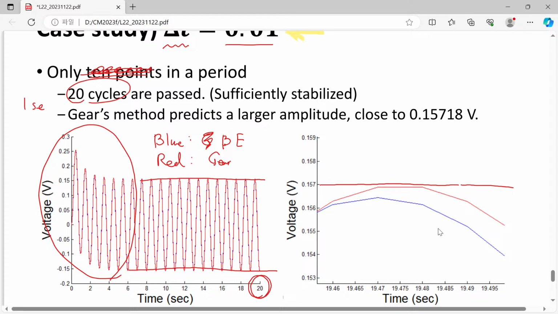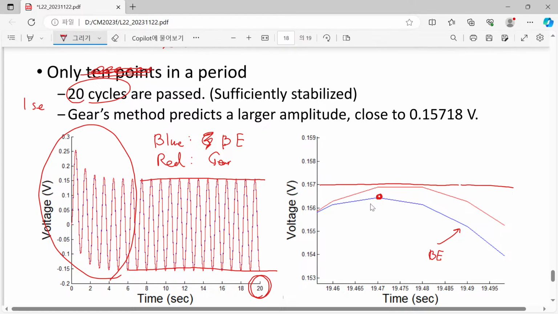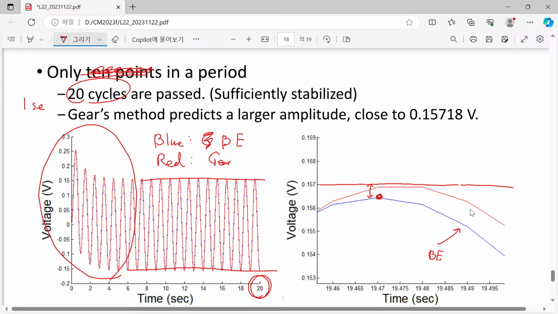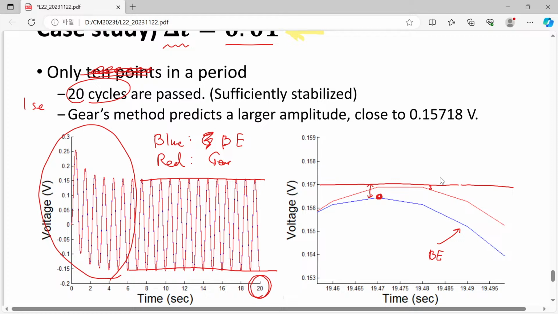And how about the result from backward Euler? Backward Euler shows a peak value quite close to the ideal value, but still it has a difference. Also, in the case of Gear's method, the solution is not perfect. Still, we have a difference. But the difference between the analytic solution and the obtained numerical solution is much smaller than that of backward Euler.